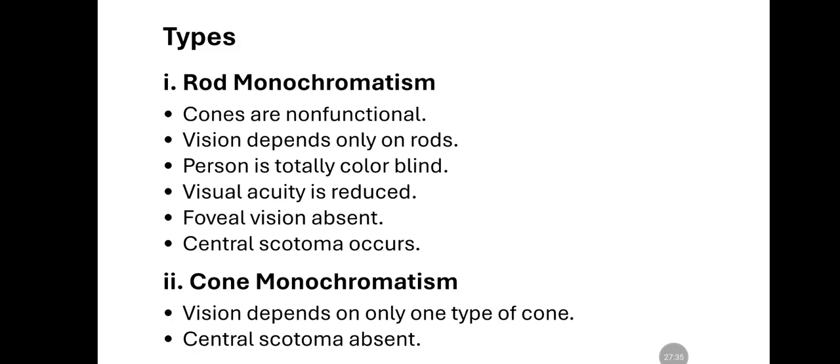Types: rod monochromatism. Cones are non-functional. Vision depends only on rods. Person is totally colorblind. Visual acuity is reduced.